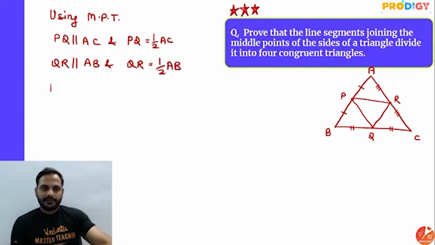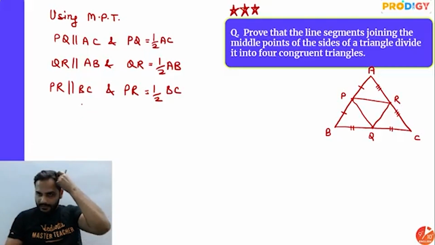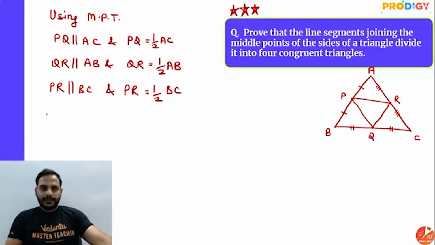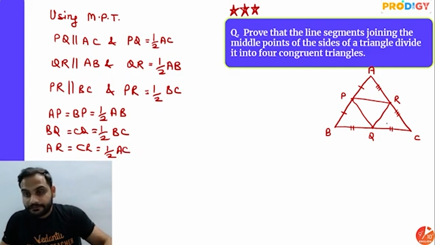And at the end I can say PR will be parallel to BC and PR will be half of BC. Correct, this we have got. Now one thing we also know is that AP and BP both are equal to half of AB, BQ and CQ both are equal to half of BC, and AR and CR both are equal to half of AC.